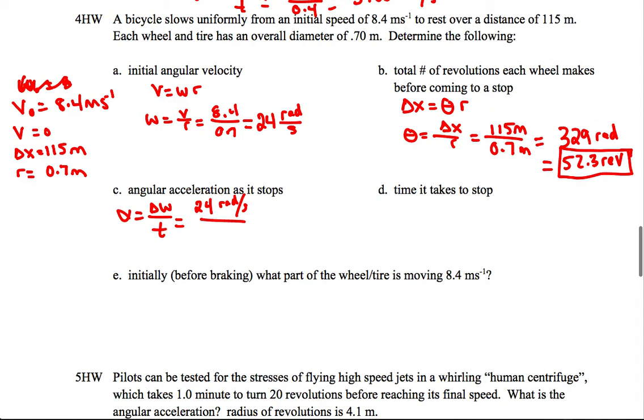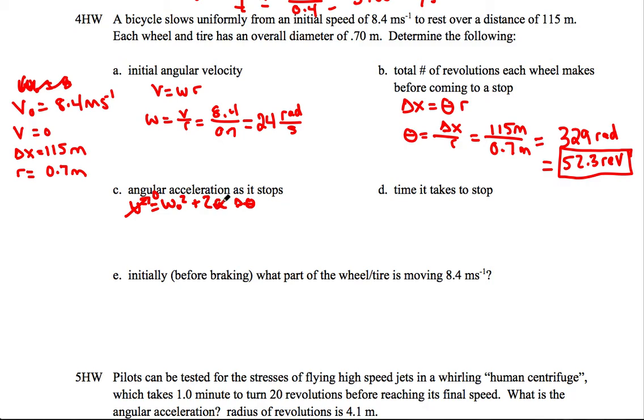So what we can do is we know omega squared equals omega naught squared plus 2 alpha delta theta, and the final angular velocity is 0.